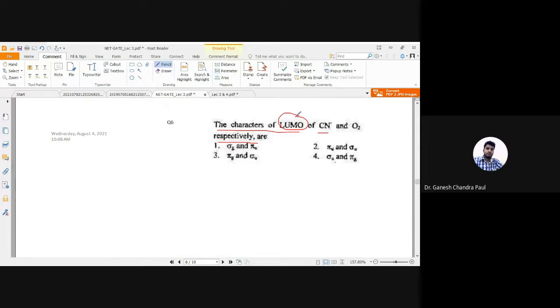What is LUMO? Anybody? Lowest unoccupied molecular orbital. Yes, lowest unoccupied molecular orbital. Very good.